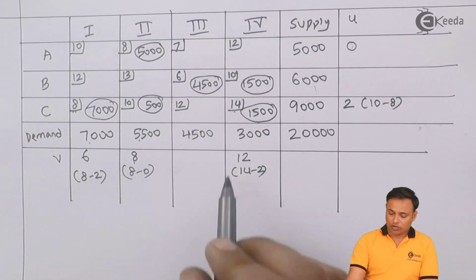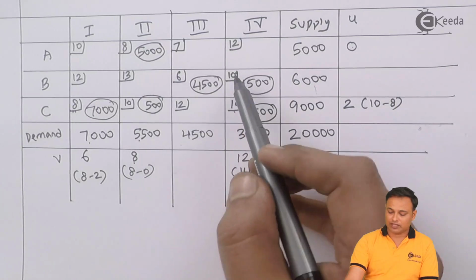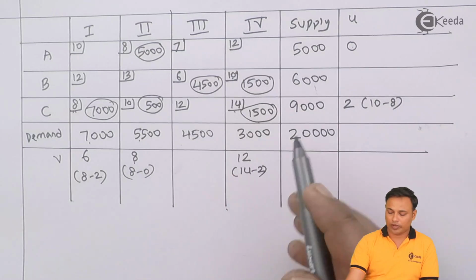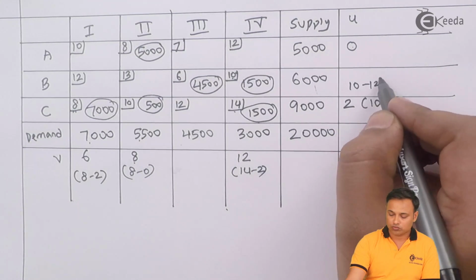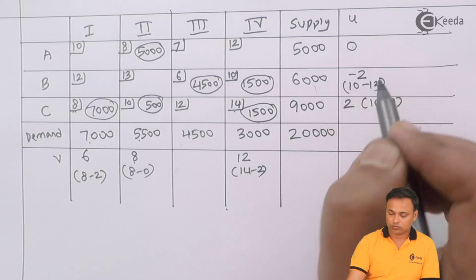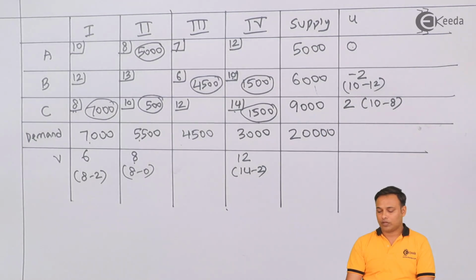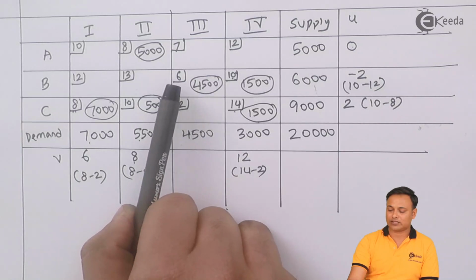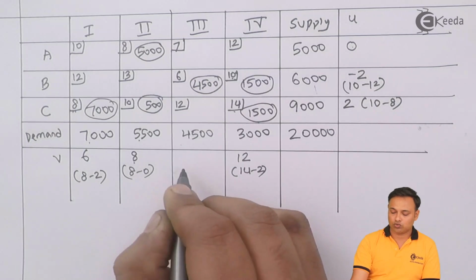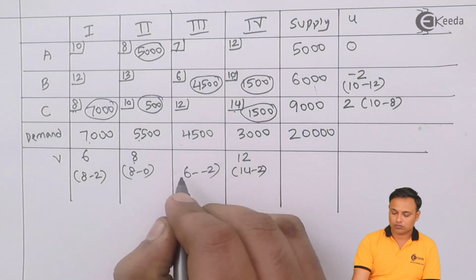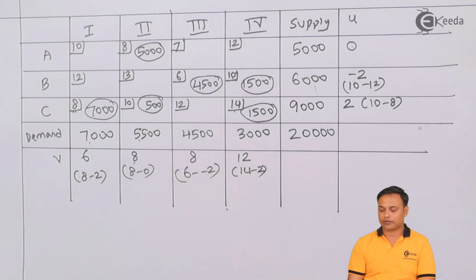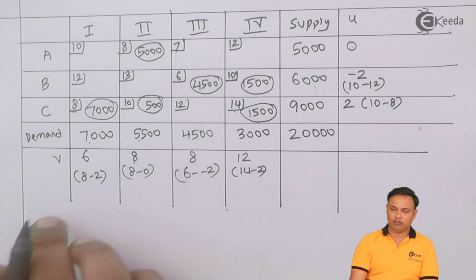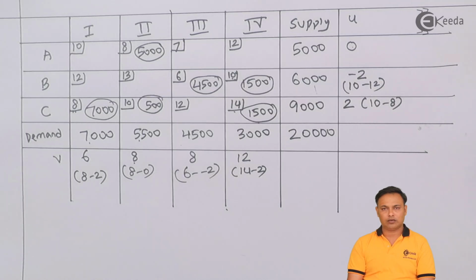In the last column, I have an occupied cell where there is a cost 10. 10 minus 12 shall be minus 2. And in the second row, I have got an occupied cell 6. 6 minus minus 2, it will be 8.